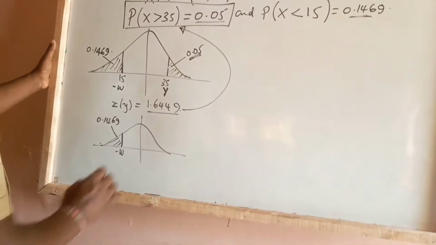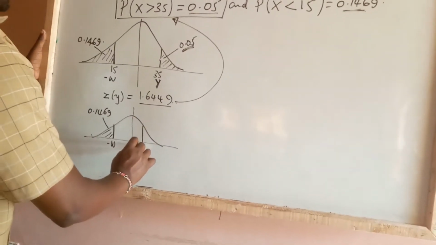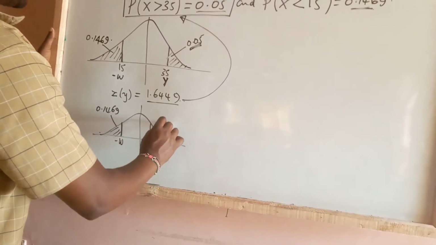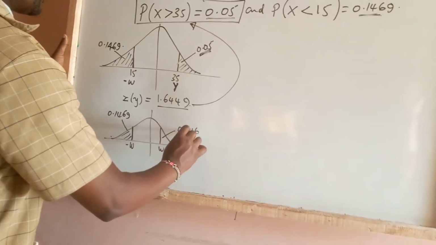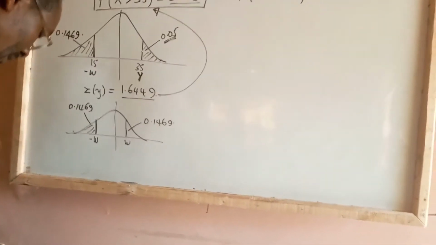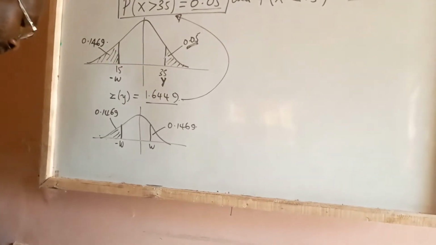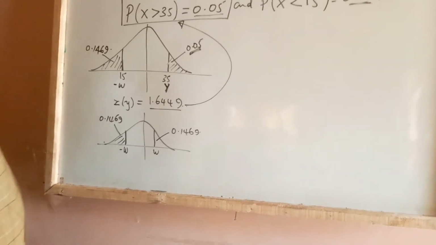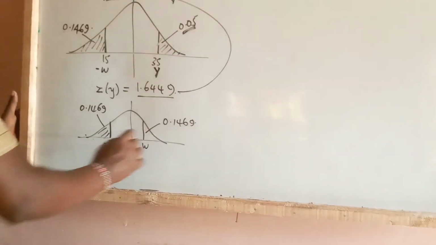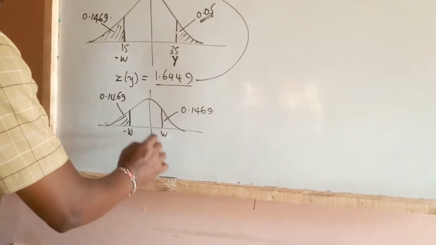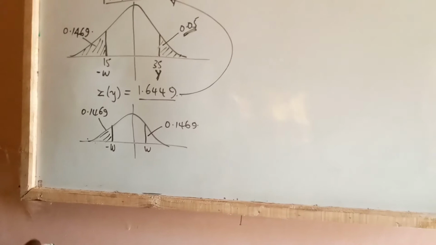By symmetry, there is another w there, and this region is also 0.1469. We are looking for this particular w, which is the boundary.